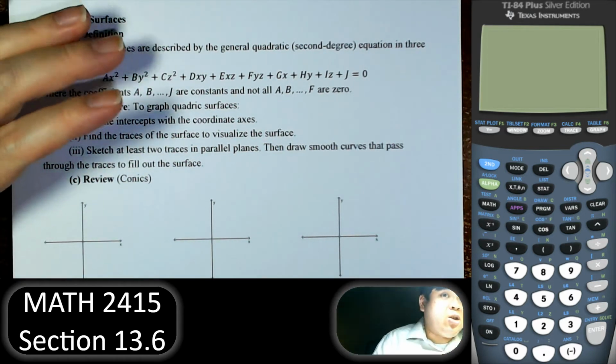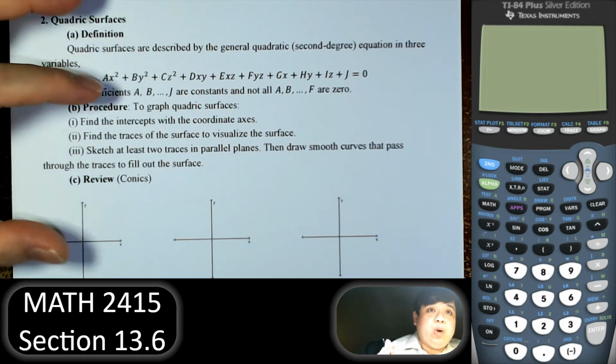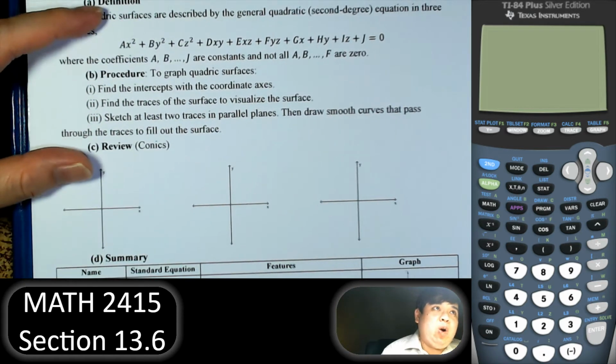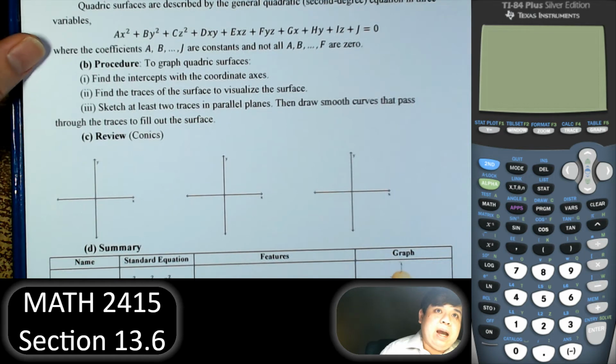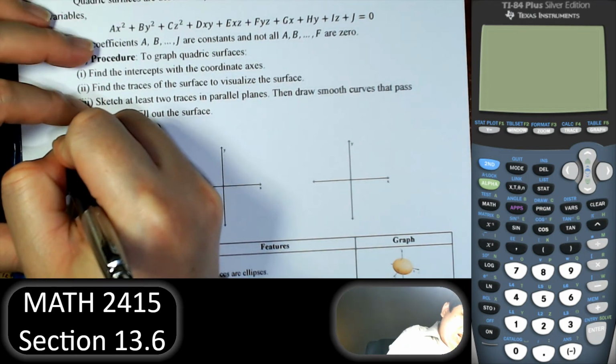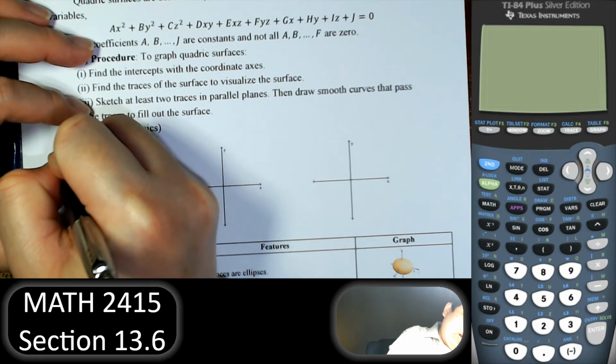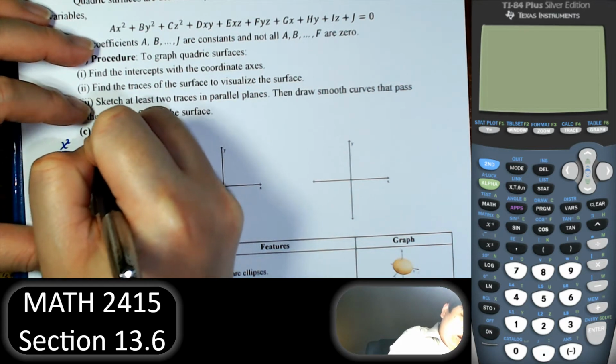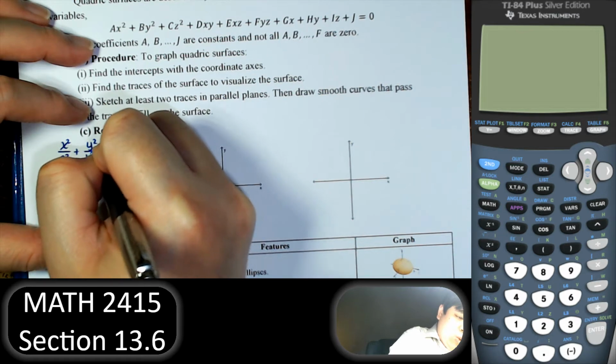Before we do that, let's go for some basic two-dimensional objects, namely conics. I mean one-dimensional objects in the plane. So let's say we have the equation x squared over a squared plus y squared over b squared equal to 1.